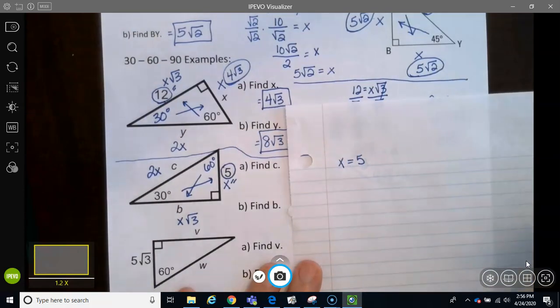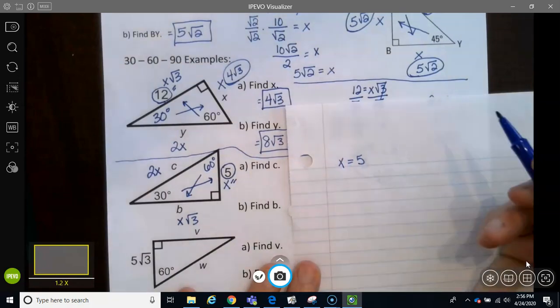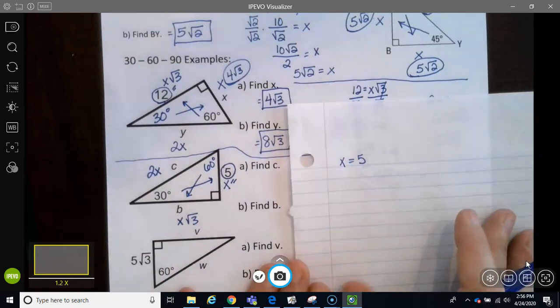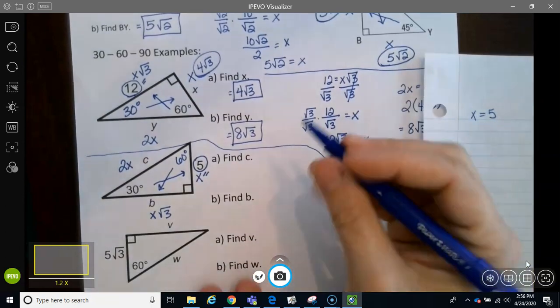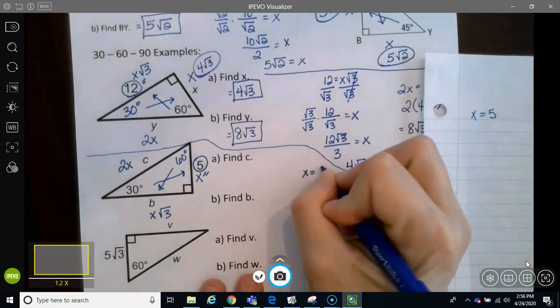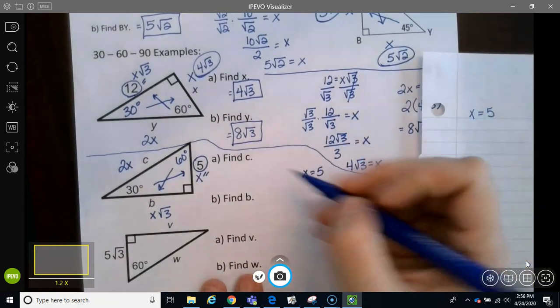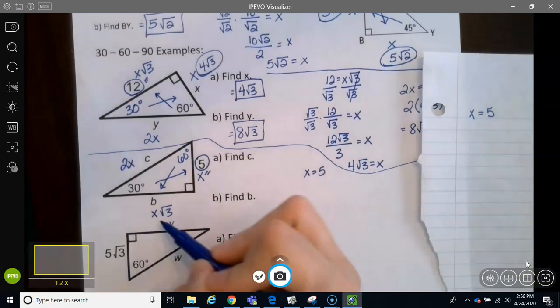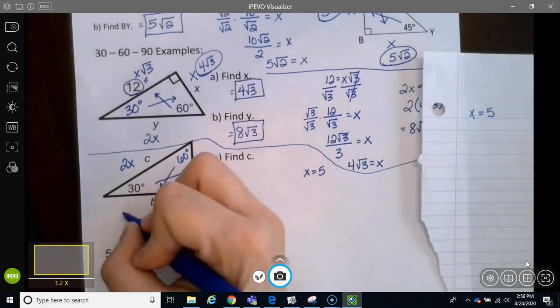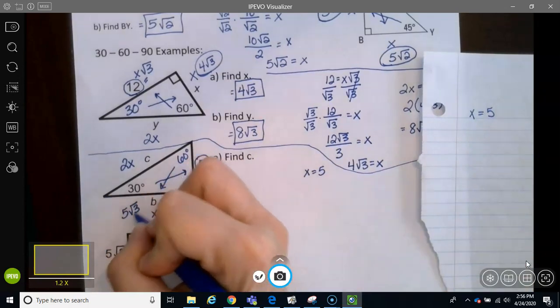So since x equals 5, x is already by itself, so we don't have to worry about getting x by itself. We just got to substitute that in. So this one actually isn't so bad. So if x equals 5, then when I substitute that in for the other sides, for this side here across from the 60-degree angle, I just replace the x with 5. So that becomes 5 square root of 3 for that side.